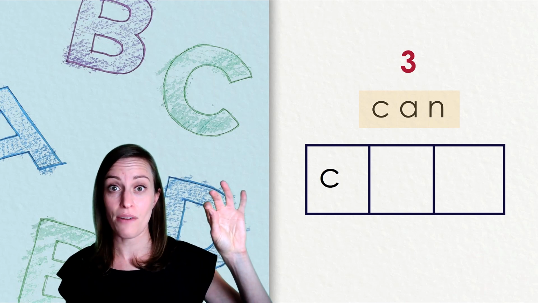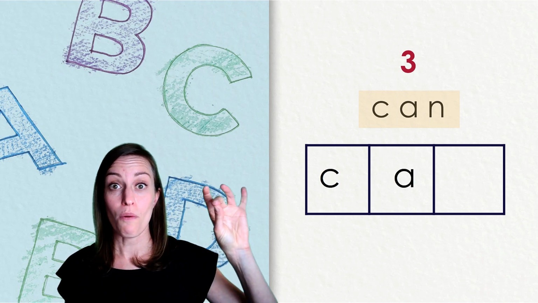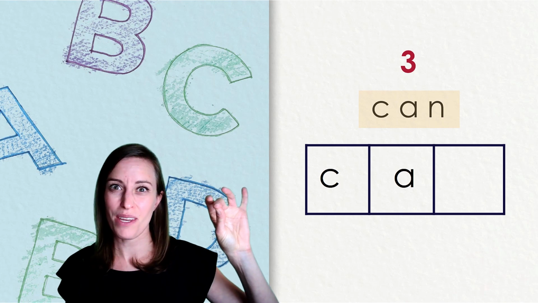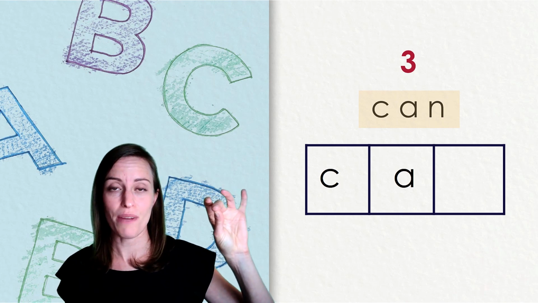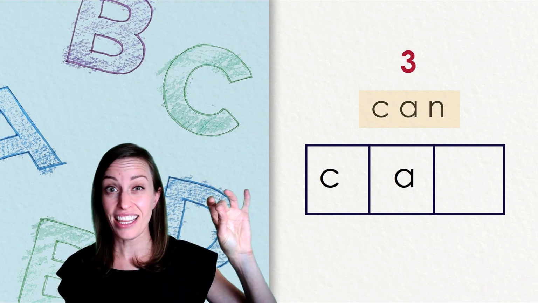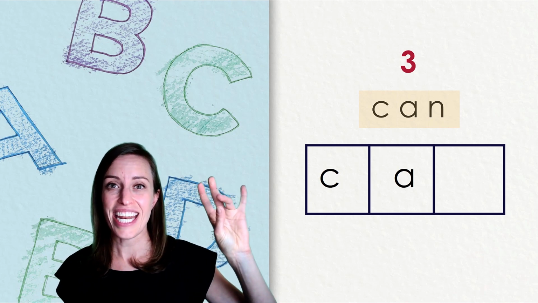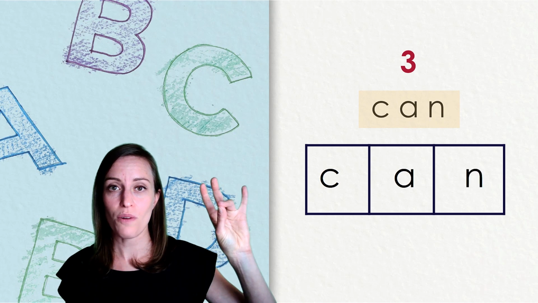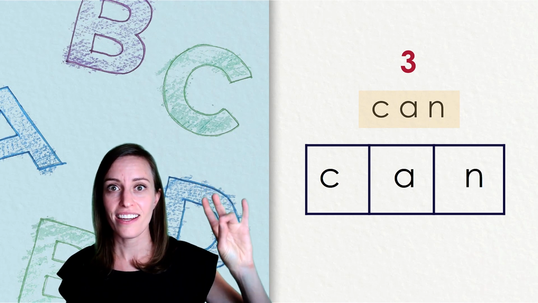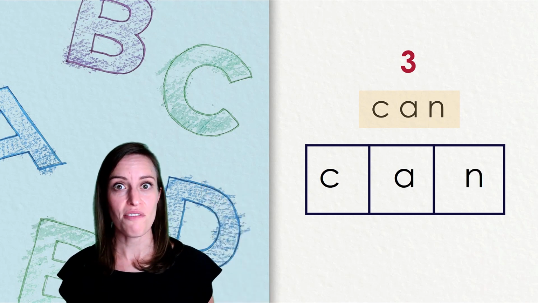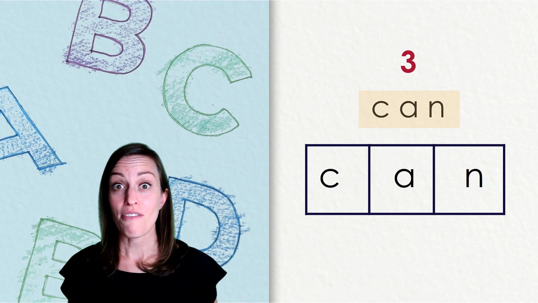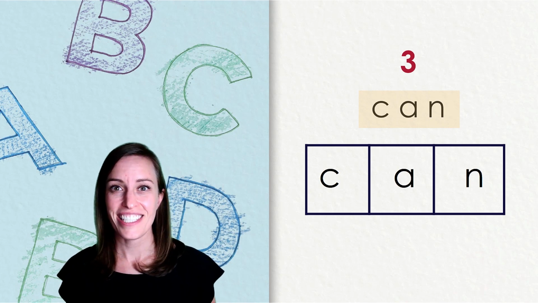The second sound will go in the second box, the middle box, because it's the middle sound. And finally, at the end of the word can, we have n. So that sound will go in our last box. You can see that each of the three sounds have their own box.